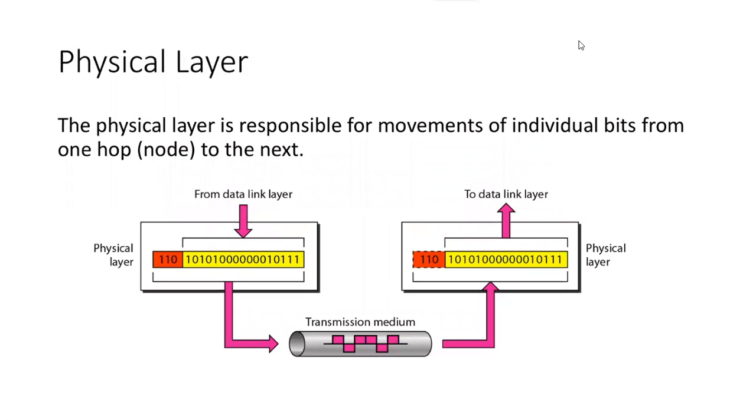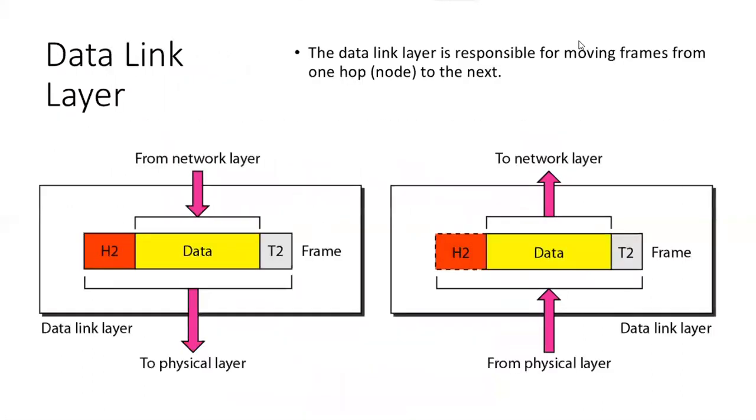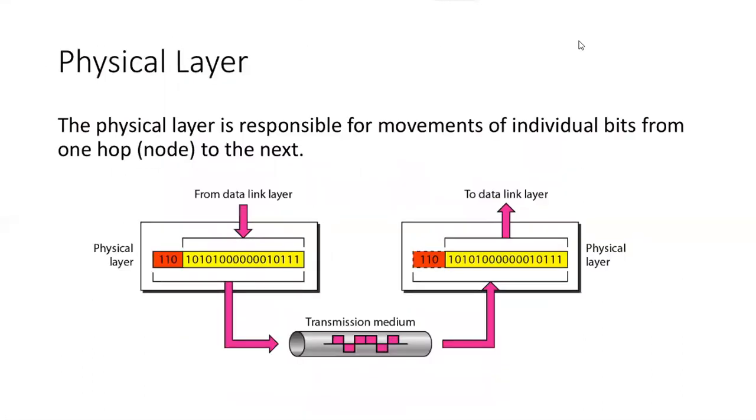In doing that, it receives the data from the higher layer, the data link layer, and it adds its own header. Then the physical layer will convert this data into appropriate signals which can be transmitted via the transmission media.